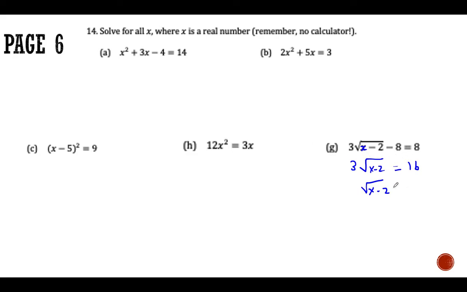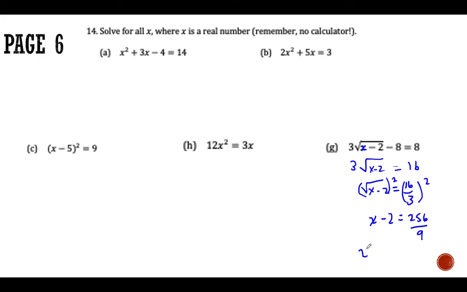That's okay, don't freak. I'm going to square both sides. And then I'm going to add 2.